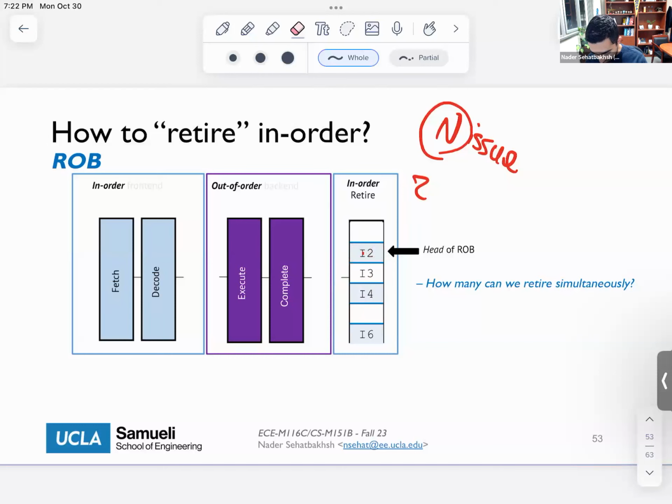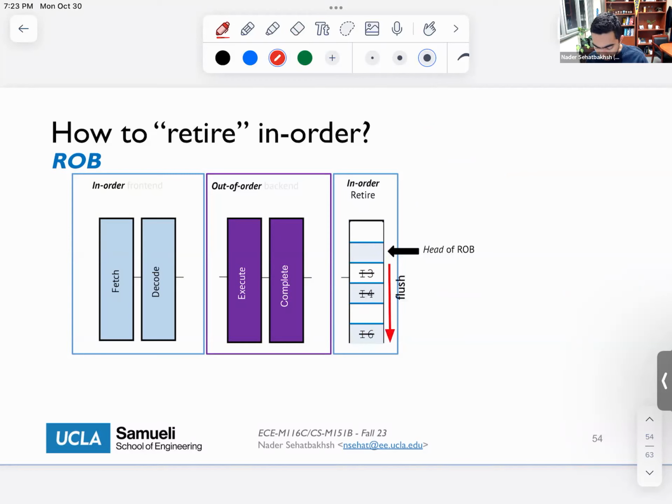And the nice thing about this is that, for example, if I2 was a branch instruction and it has to flush things, then all I need to do is just clear out my ROB. That's all I need to do. So the flushing is basically nothing but getting rid of these completed instructions. That's very straightforward, very simple to do, and I don't need to worry about what will happen if there's an I7 and so on, because this way I am guaranteeing that we never retire instructions after a branch instruction.